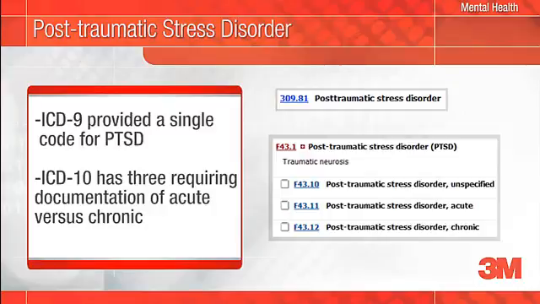This differs from ICD-9, where there was only one code available for PTSD without further specificity. Specifying the chronicity of the patient's PTSD will assist in gathering accurate statistics, which will in turn aid future research on treatment and prevention strategies.